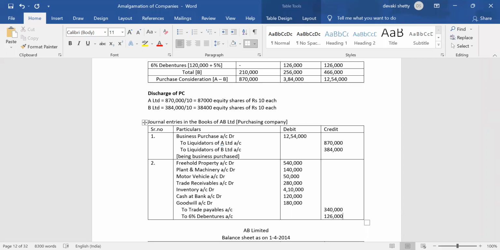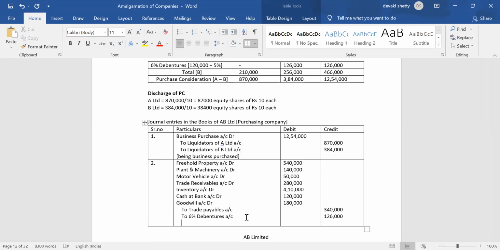Now one more thing: the business purchase that is in debit, cancelling it we will show in the credit. How much it is? 12,54,000.